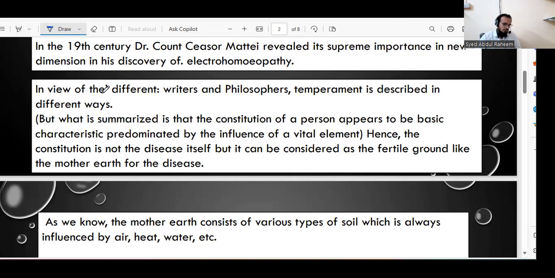So basically, we need these things that shape the person's temperament.